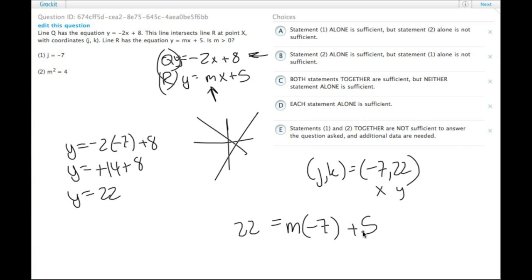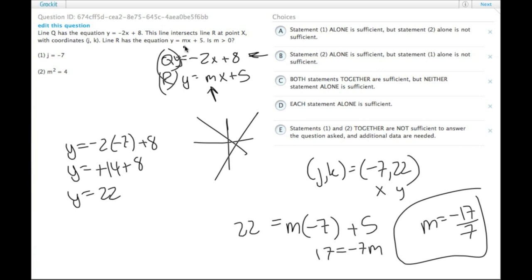Subtract 5 from both sides, we get 17 equals negative 7m, and therefore m equals negative 17 sevenths, which is a negative number, and it's therefore sufficient for us to answer the question. Is m greater than 0? No, it's not. So statement 1 is sufficient to tell us no. So we can cross off B, C, and E.